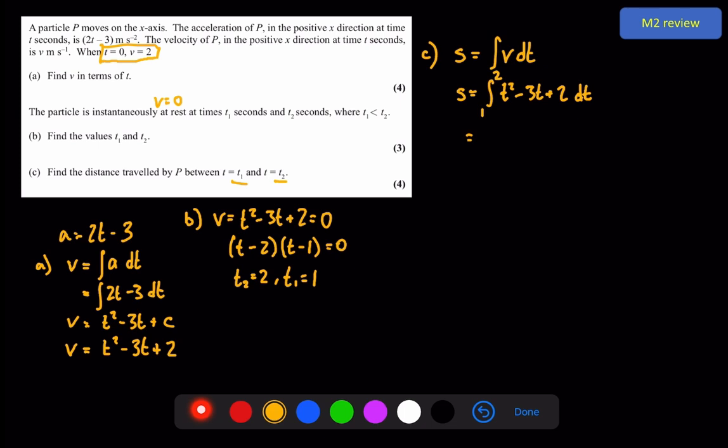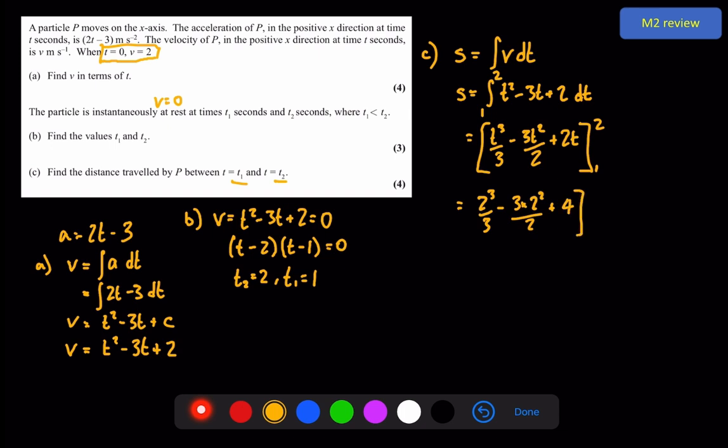So if we integrate this, we get t cubed over 3 minus 3t squared over 2 plus 2t, and we're going from 1 to 2. 2 cubed over 3 minus 3 times 2 squared over 2 plus 4, minus 1 cubed over 3 minus 3 over 2 plus 2.